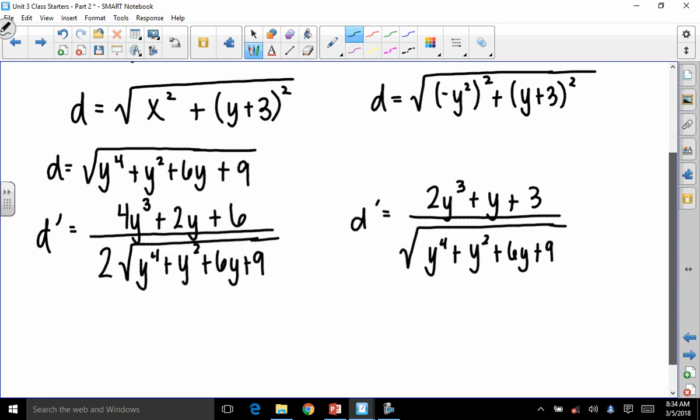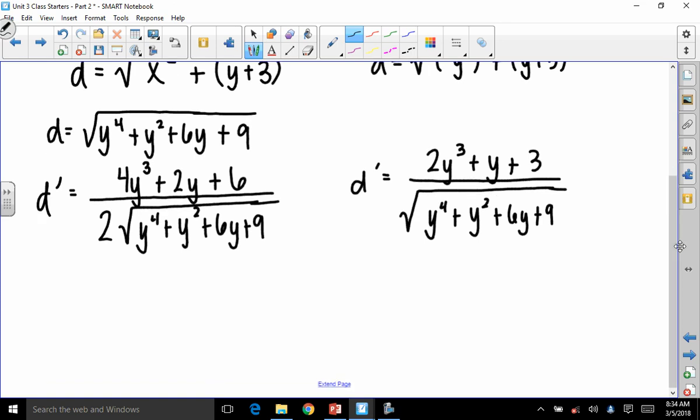All right, now our calculator is going to help us out a little bit here, okay? So we need to find the critical numbers, and critical numbers occur when what is true? When the derivative is 0 or undefined. So we need to know, when does 2y cubed plus y plus 3 equal 0, right?